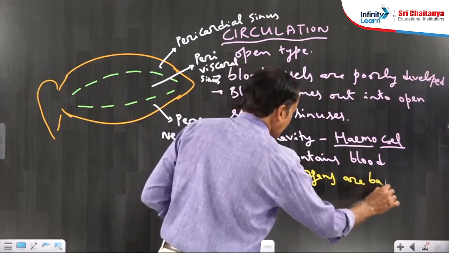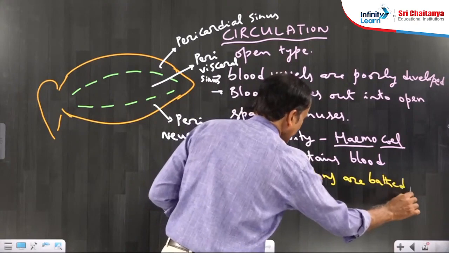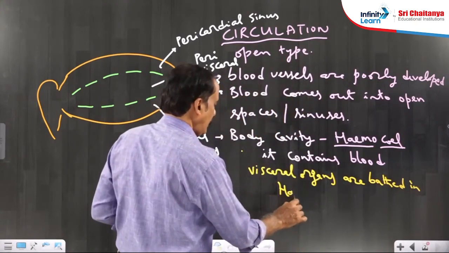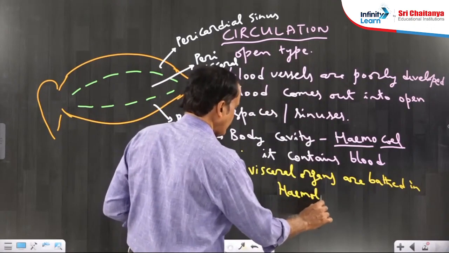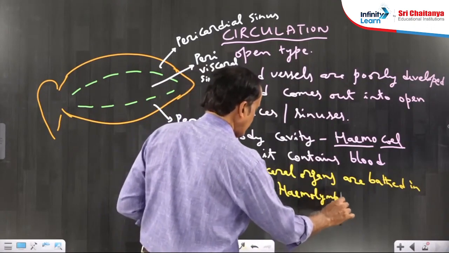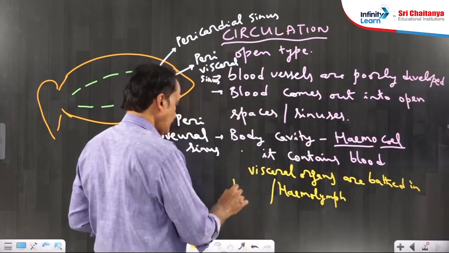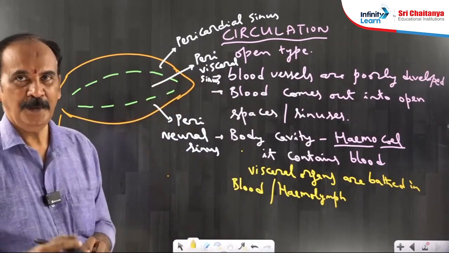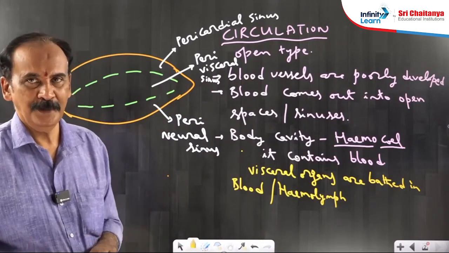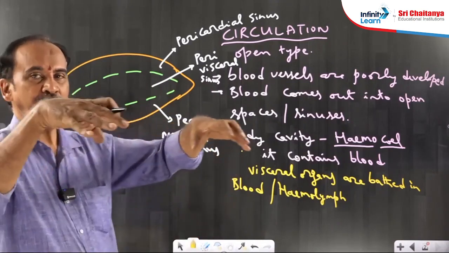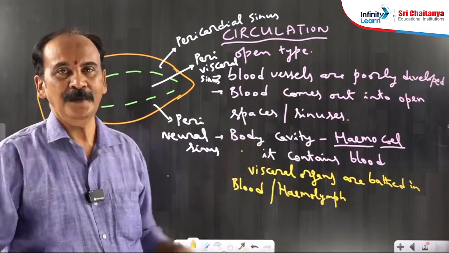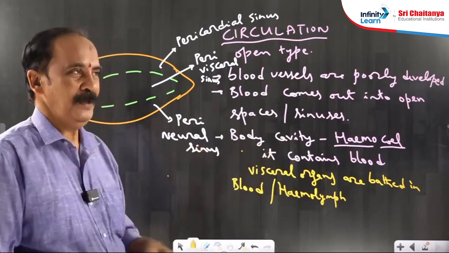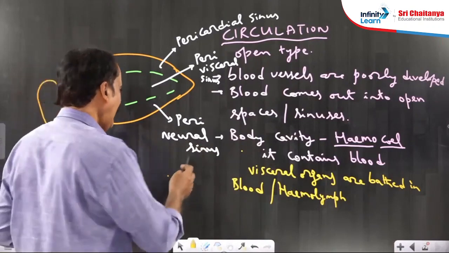They are bathed in blood or hemolymph. Blood in cockroach, we call it hemolymph, right? So inside the hemolymph, all your internal structures are present inside the blood. That's why they are said to be bathed in blood. This is about body cavity.